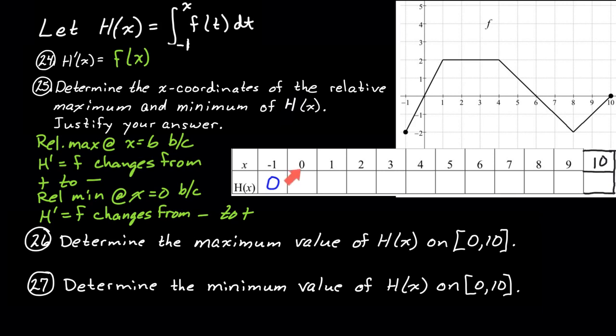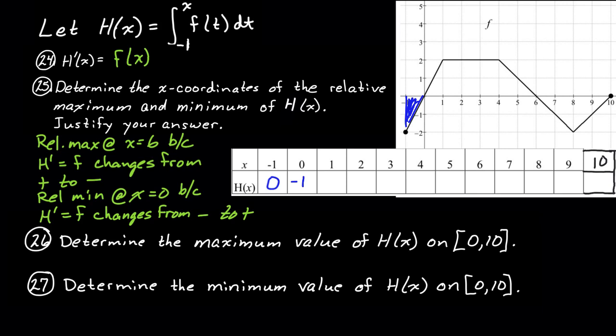So the next one would be h of 0. Well, h of 0 would be the integral from negative 1 to 0. And negative 1 to 0, if you come over here, that would be the area that is right here. And that area is negative 1. All right, so the next one is h of 1, which will be the integral from negative 1 to positive 1.